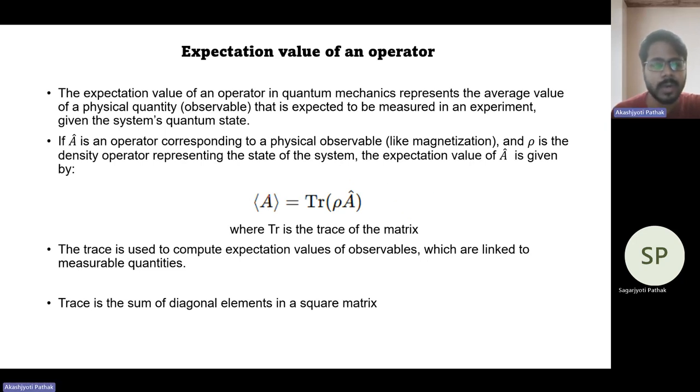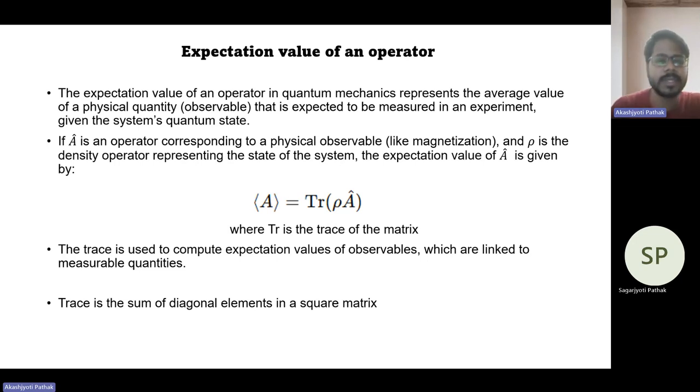So how do we read this? The expectation value of any observable quantity is given by the trace of the product of the density operator rho and the observable quantity that we are measuring.